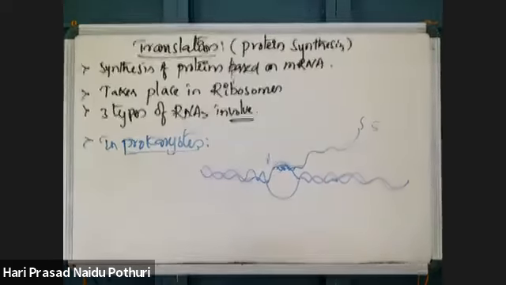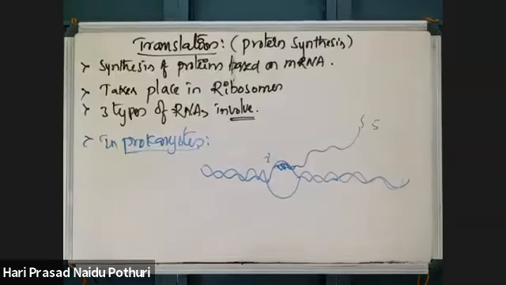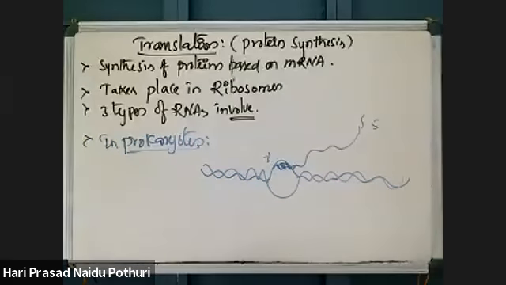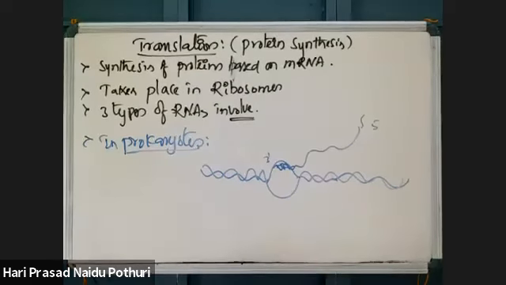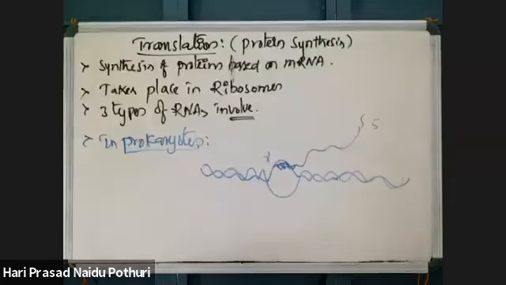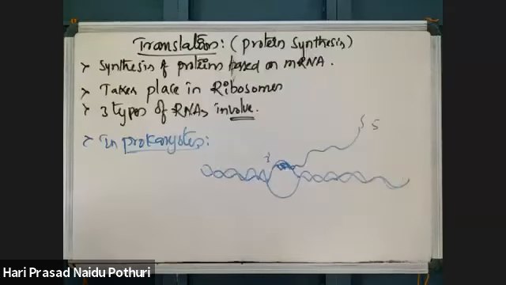That means the 3' to 5' DNA will act as a template. Based on that, there is synthesis of new RNA in the 5' to 3' direction in the daughter strand.